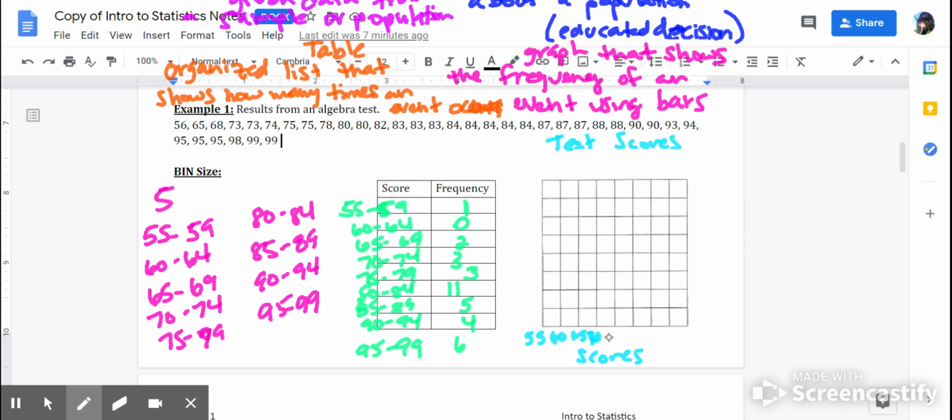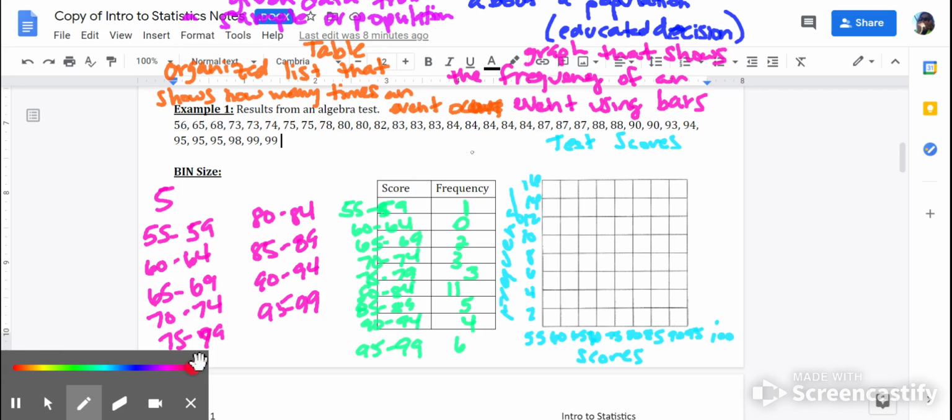That's 70, 75, 80, 85, 90, 95, and we'll put 100 off the end. But then I'm also going to have to make sure that I label my y values, and these are the frequencies. And I want to make sure that I'm able to get each one of these, so I'm going to do it by 2s on the side, so that I will be able to evaluate all the frequencies from my table.